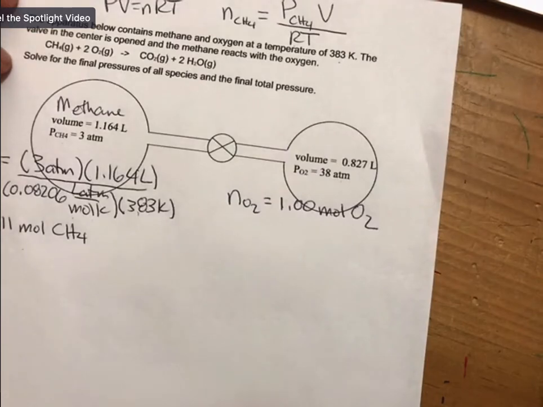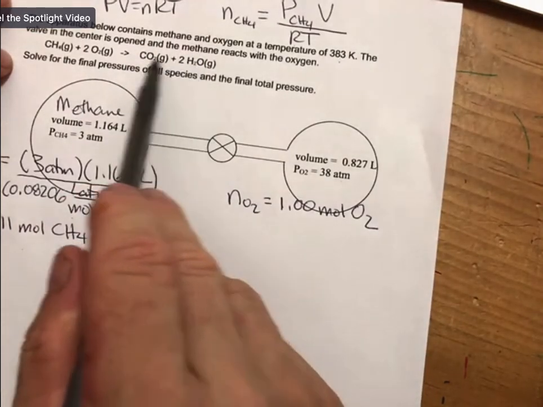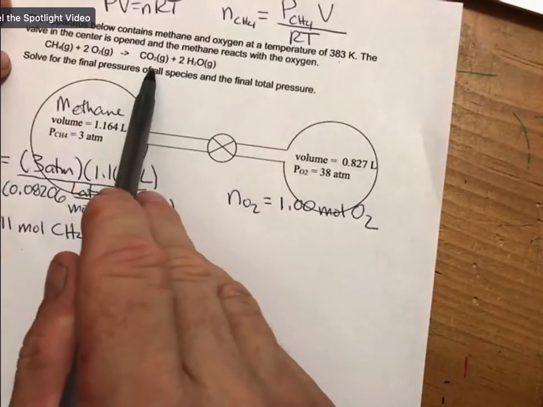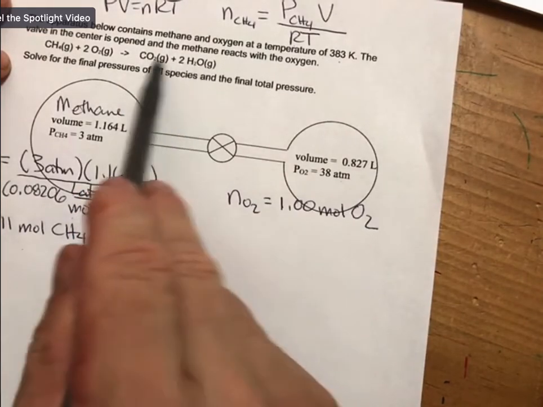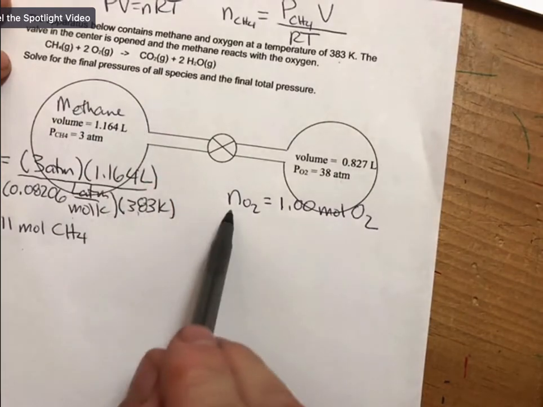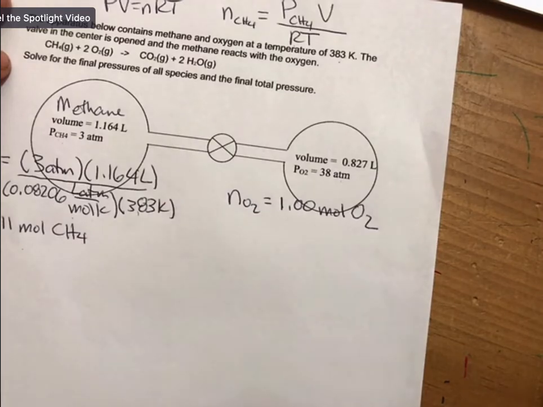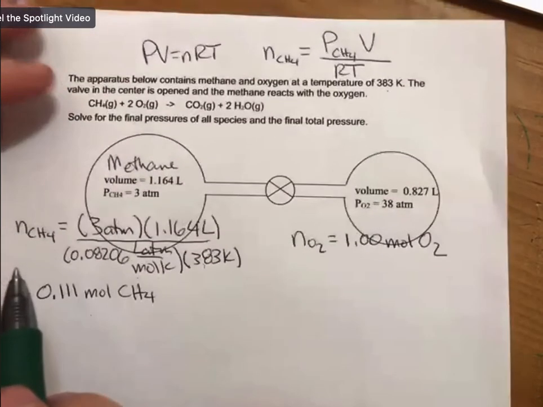Now these are moles of reactant, and I need to know both of my moles of product eventually. So it doesn't matter which one you choose at this point. I'm going to choose carbon dioxide, and I'm going to convert both of these into moles of carbon dioxide. Although perhaps you can see what's going to be our limiting reactant already.